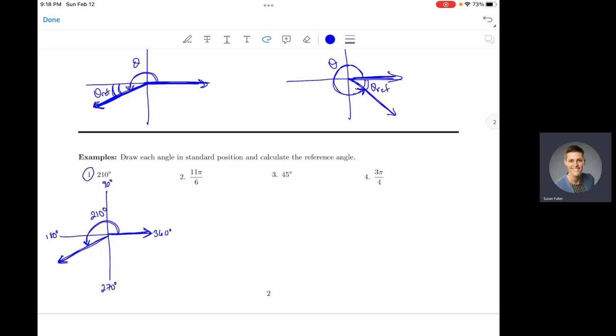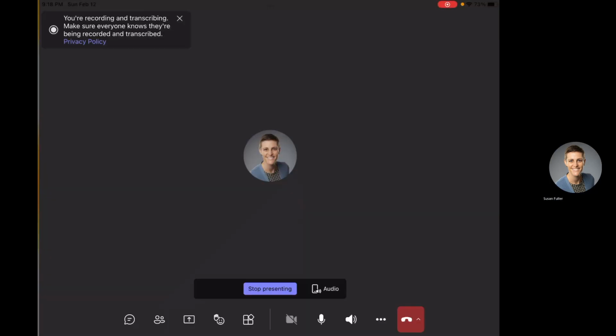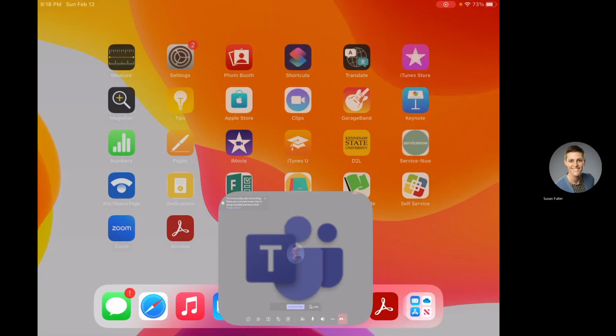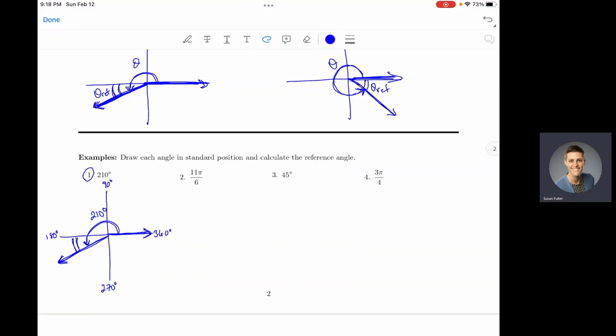Okay, so where is my reference angle in all of this? My reference angle is here. It's the smaller angle between my terminal side and the x-axis. How big is that? I have to figure out how big that is. Well, 180 degrees would start here and go all the way to here.